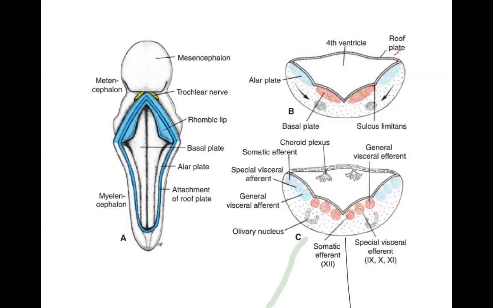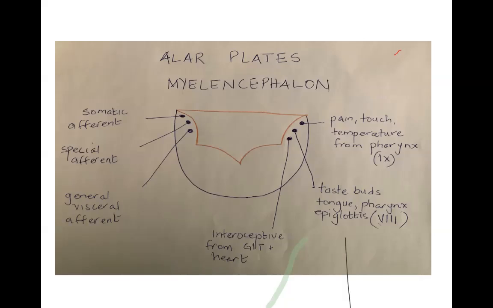Similarly, in diagram A, you have a sulcus in the middle. This is the median sulcus. On either side of the median sulcus are the basal plates. Then you have a sulcus limitans, which you can also see in diagram B. And lateral to the sulcus limitans are the alar plates. For now, I think this is enough for you to understand. We will go into detail when we require it.